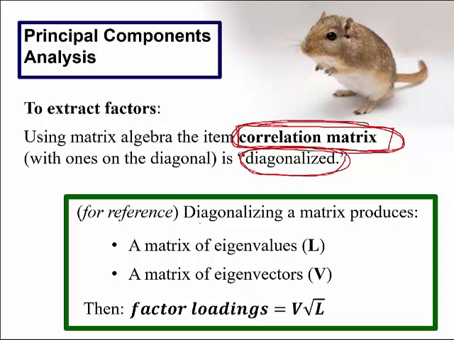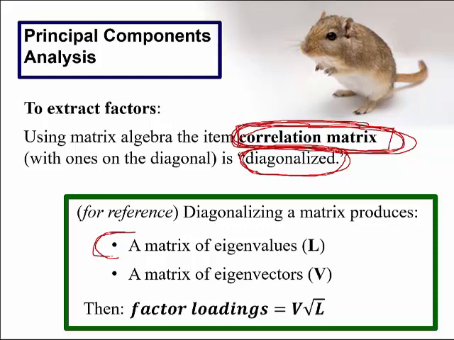To clarify, when I diagonalize a matrix, and I'm not going to go into the details of how you do it, it's actually a rather complex, difficult thing to do by hand, what you end up with is two separate matrices. This procedure takes that correlation matrix and separates it into two parts.